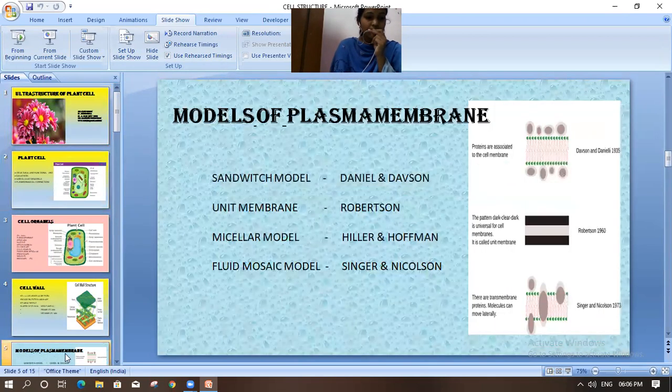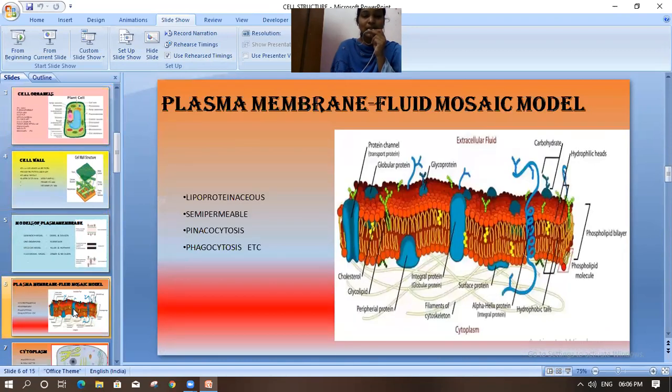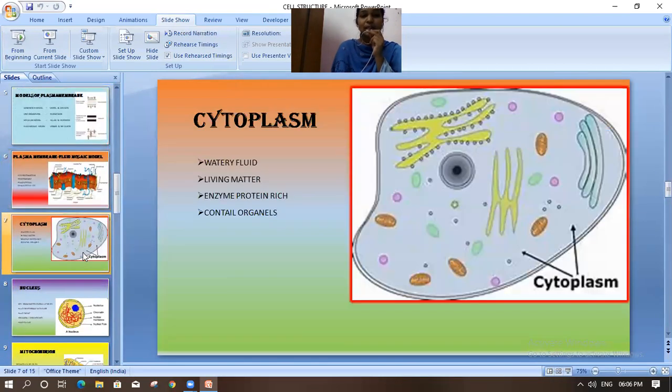Next, the well-accepted model of the plasma membrane is the fluid mosaic model, which was proposed by Singer and Nicolson. And the next cell organelle is the cytoplasm. The cytoplasm is the matrix or gel-like substance which is enzyme-rich and protein-rich.